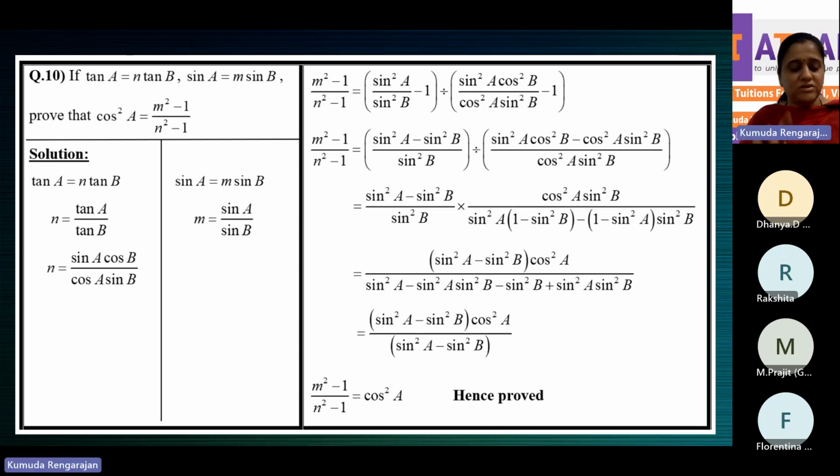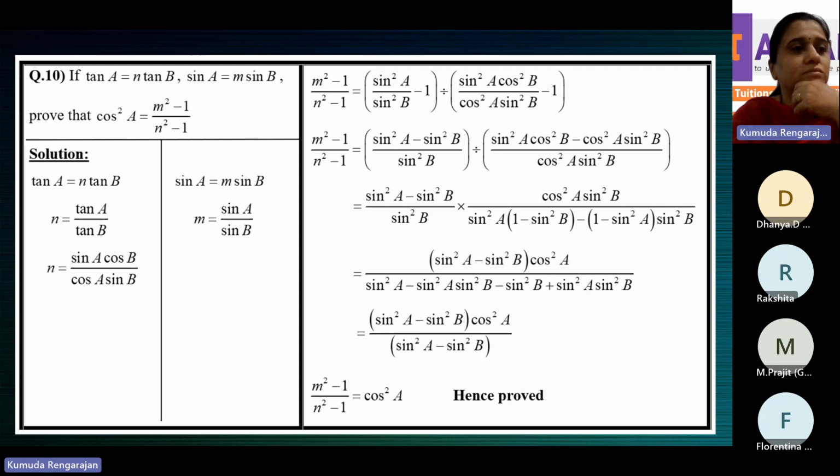Leave some space, copy the question and leave some space for this one.